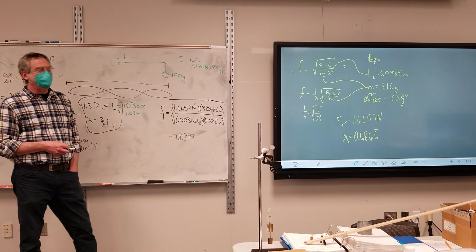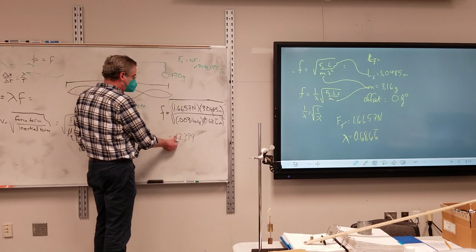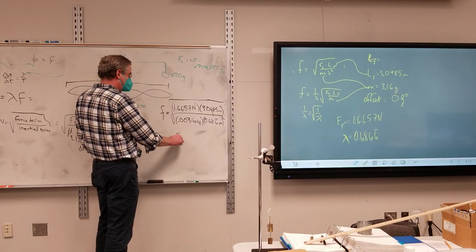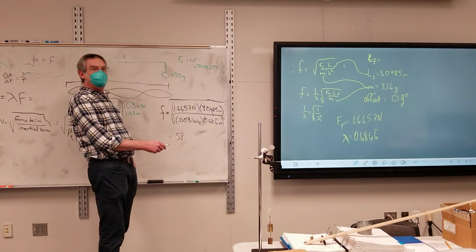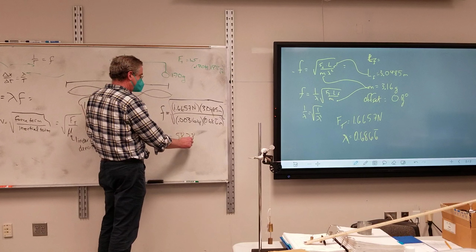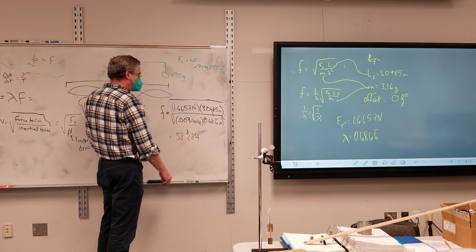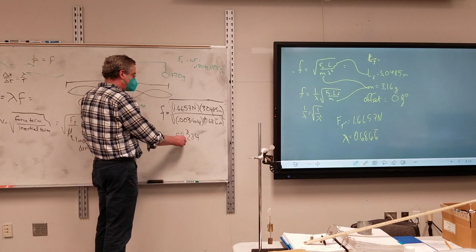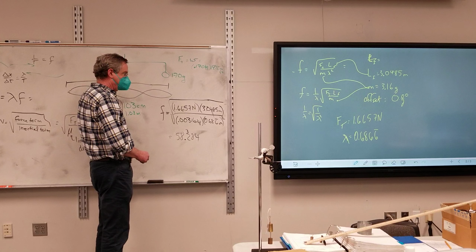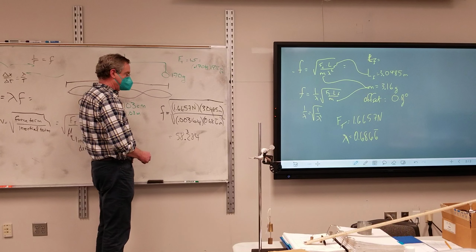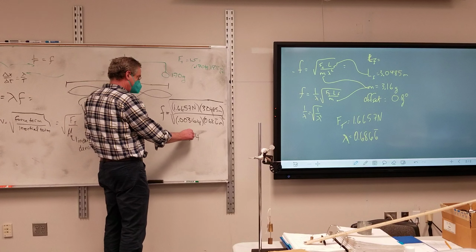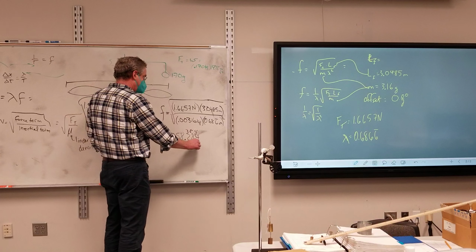Oh, yeah, I forgot the square, my bad. 58 point what? 284? I got 58.435? Yeah, in hertz.